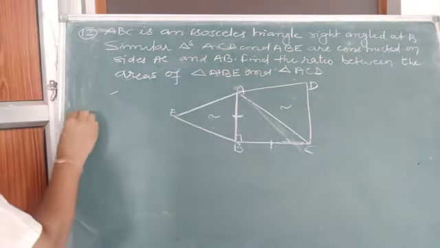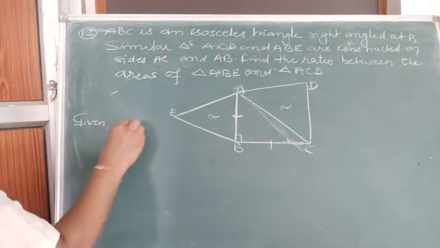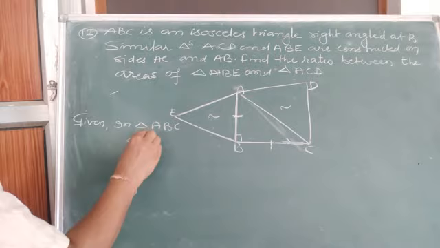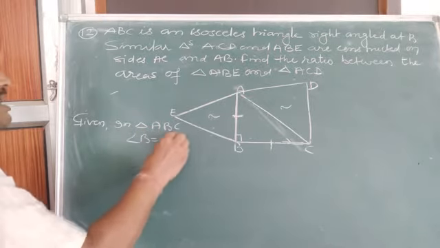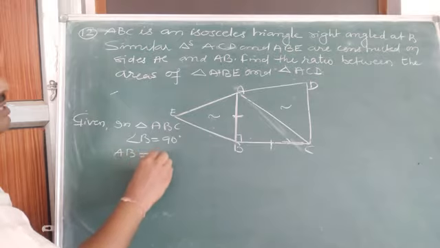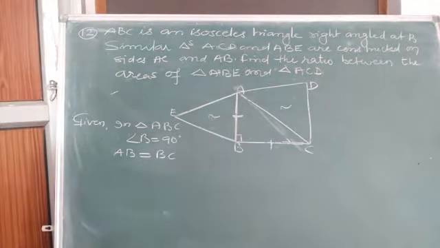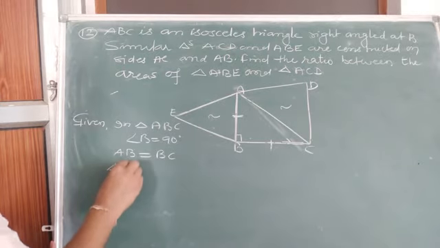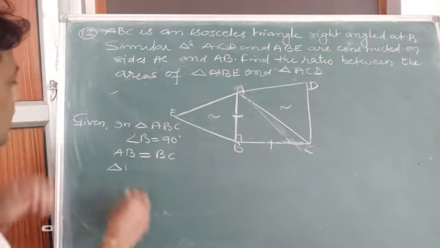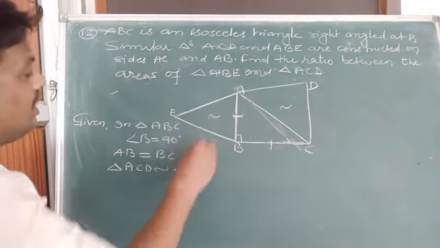So what is given, children, and what we have to find out? Given in triangle ABC, angle B is equal to 90 degrees and it is isosceles, so side AB is equal to side BC. These two sides are equal. And given, triangle ACD is similar to triangle ABE.